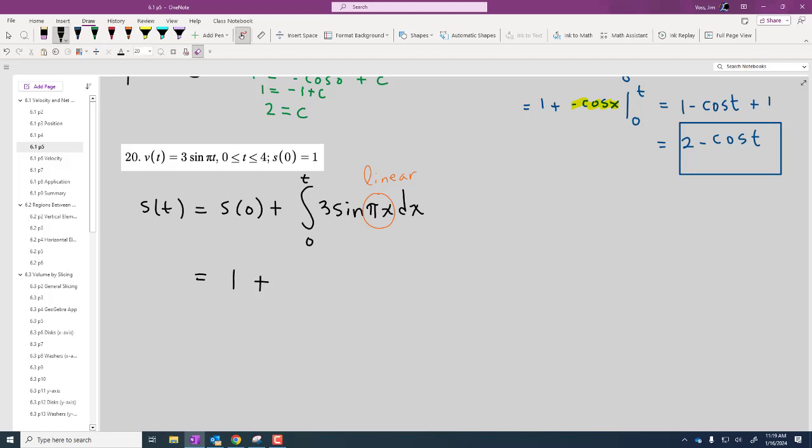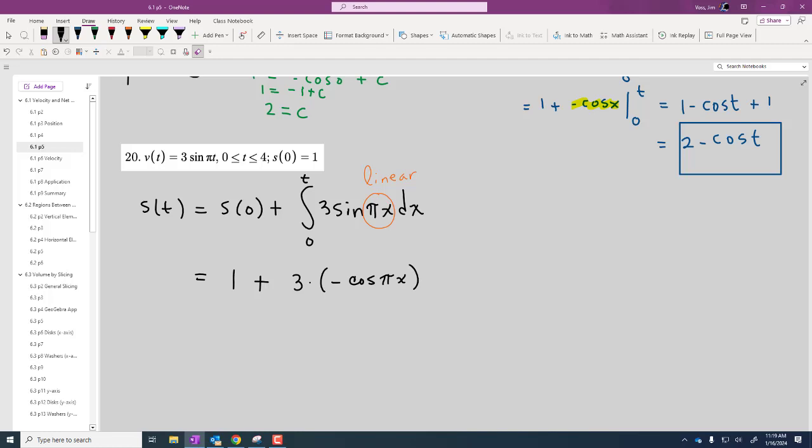So here's how we're going to do it with reverse chain rule. So the 3's just coming along for the ride. Constants factor out to the front. Integral of sine is negative cosine. So we have negative cosine of the same exact angle.